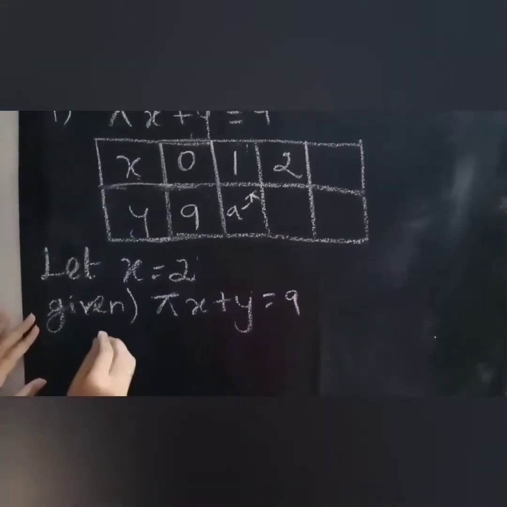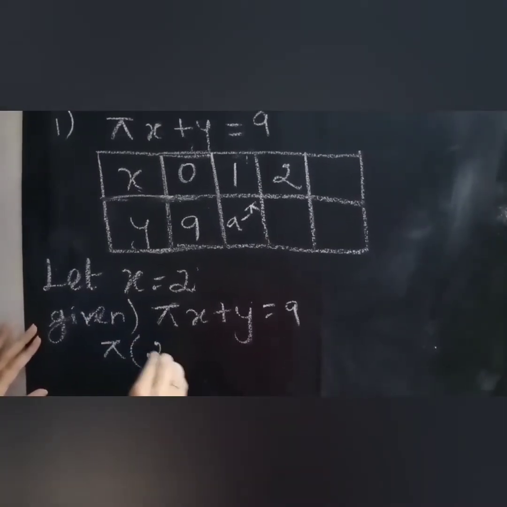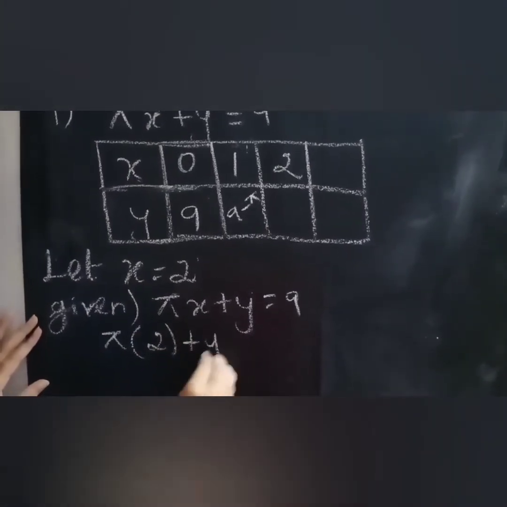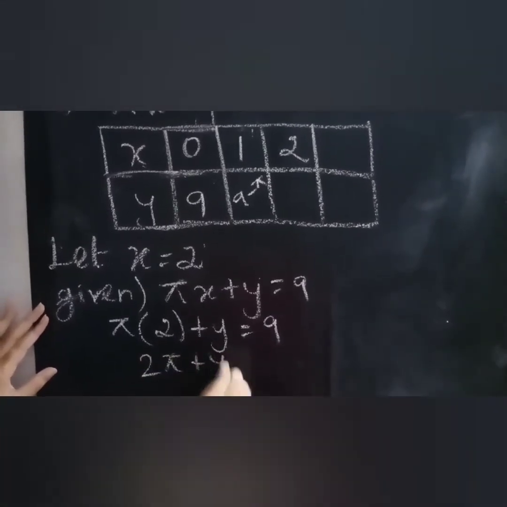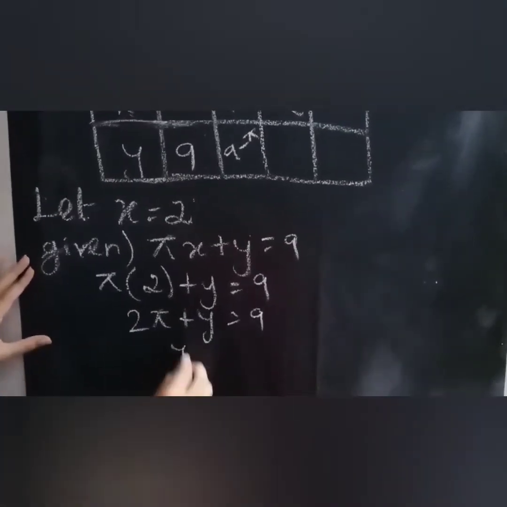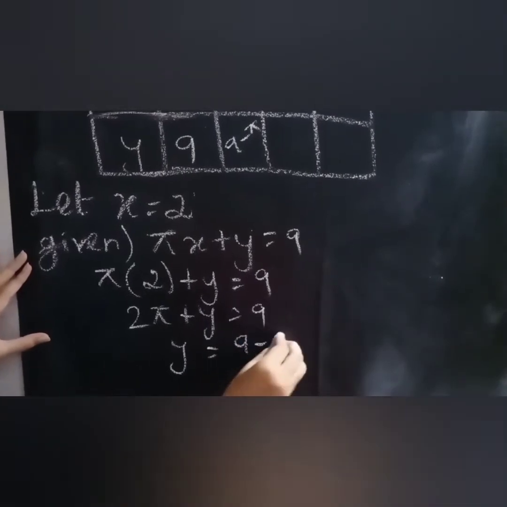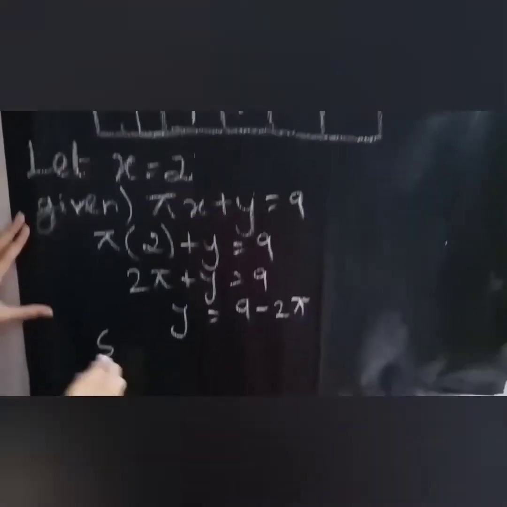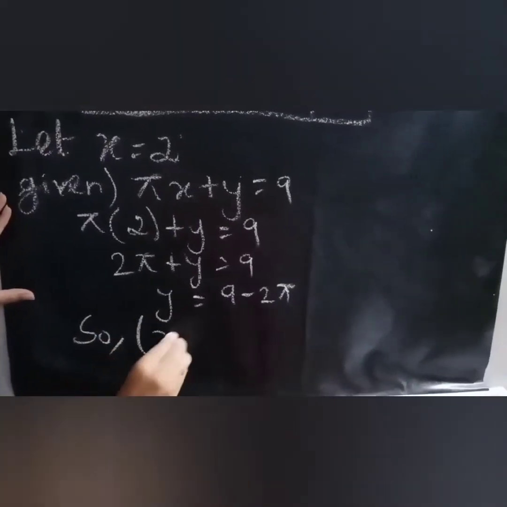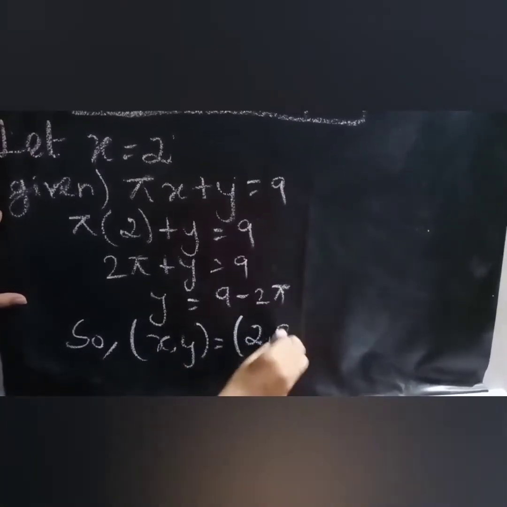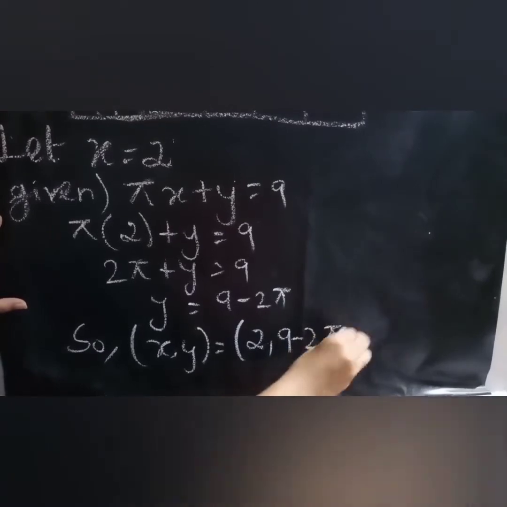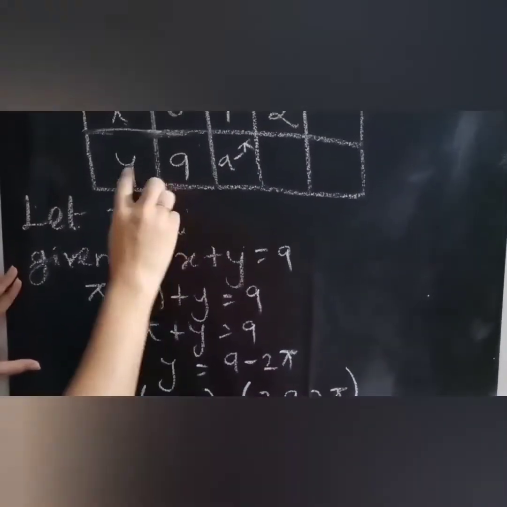So pi into 2 plus y equal to 9. Pi into 2, that is 2 pi, plus y equal to 9. Y equal to 9 minus 2 pi. So the solution, ordered pair of x comma y, therefore 2 comma 9 minus 2 pi.